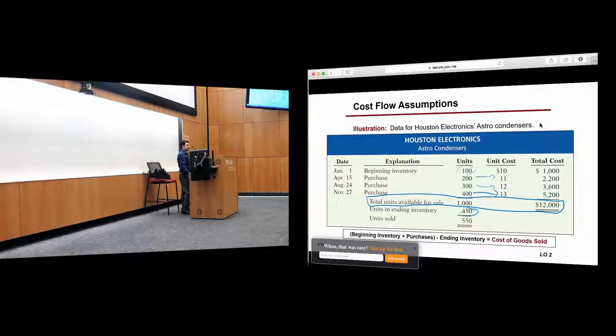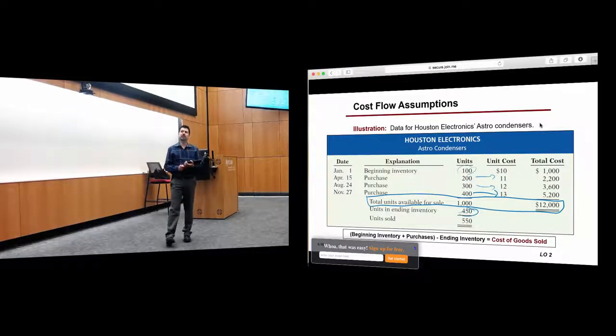Okay, so we talked about different methods of calculating inventory, both ending inventory and the cost of goods sold.